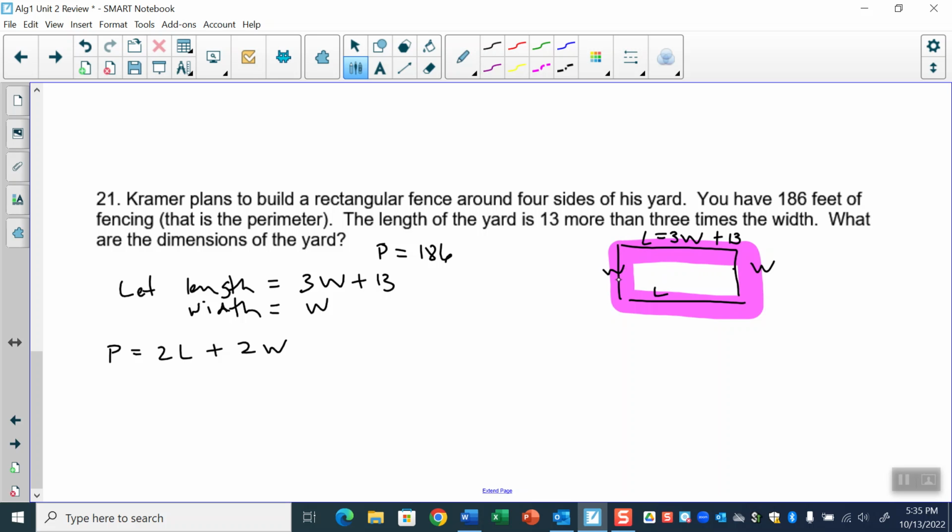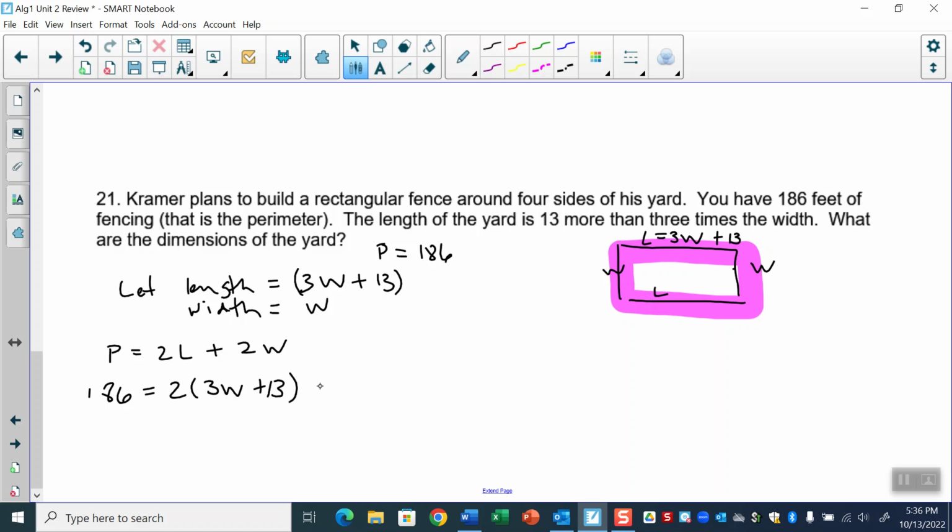This width and this width. So now I'm just going to substitute in here. I know my perimeter is 186. 2 times the length. Well, my length was this whole thing here, 3W plus 13. Right? 3 times the width, and it's 13 more than that.